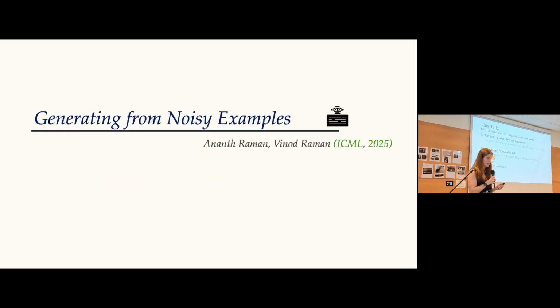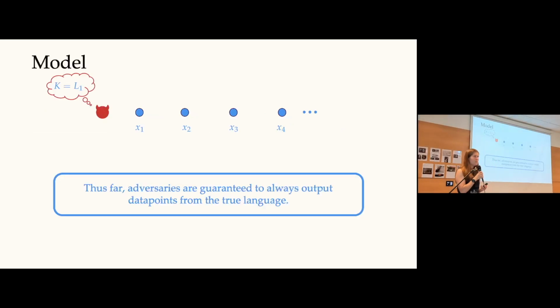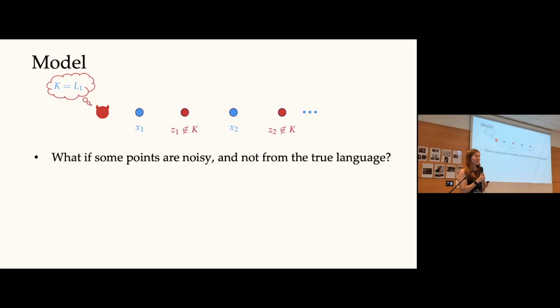Good question. Okay, the next paper I'll briefly overview is generating from noisy examples. The title is pretty self-explanatory in that all the models we've seen today have been in a realizable setting in some sense, in that the adversary is guaranteed to always output from the true language that it has committed to. But a natural question is, what if that's not true? What if we relax this to allow the adversary to sometimes give noisy points that aren't from this true language?